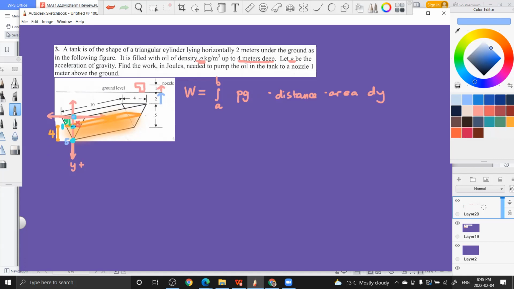And then x is from here to here, from the origin until we touch the outer edge. So what is A and what is B? We need to bring all of the oil out from 1 to 5. For that reason, A is equal to 1 and B is equal to 5.